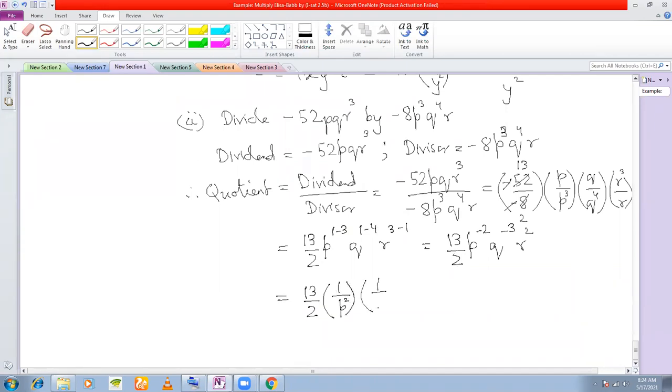Q to the power of minus 3 can be written as 1 by q cube, and r square you write as it is. So now you get 13 r square by 2 p square q cube, and that's your answer.